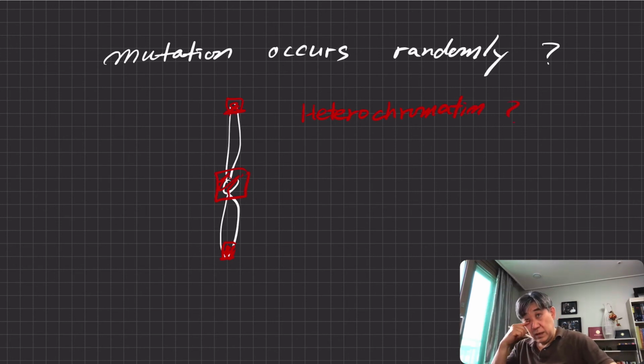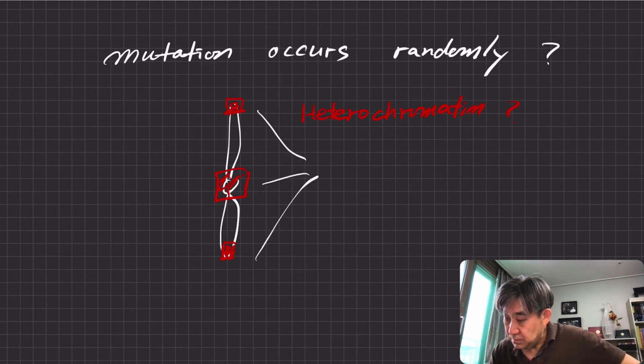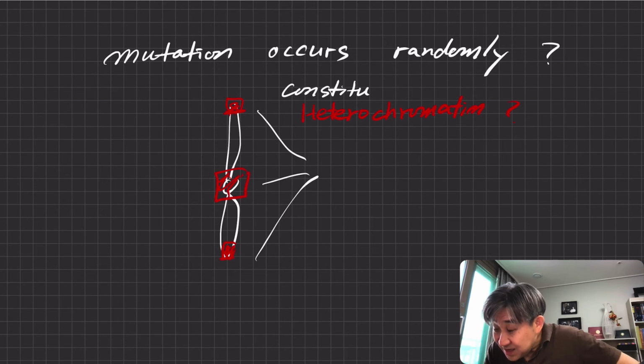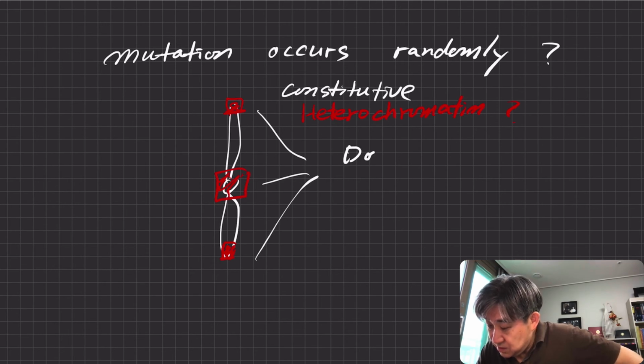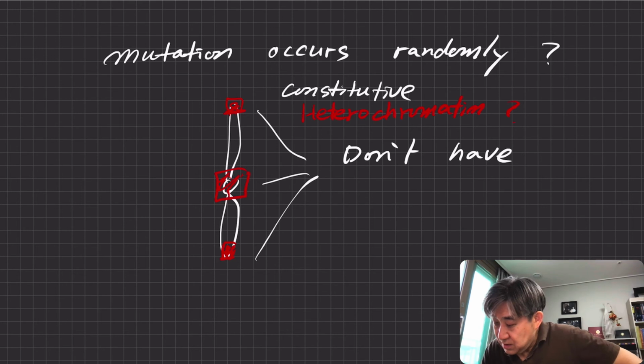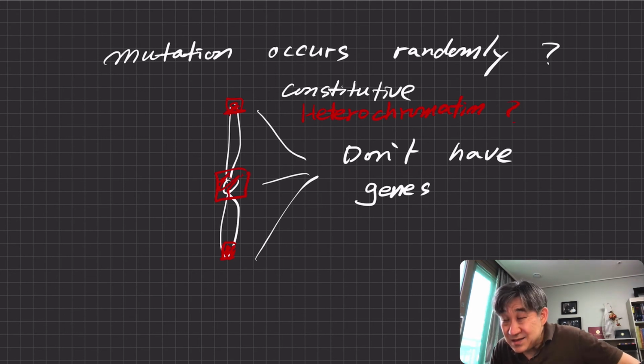The answer is that these so-called constitutive heterochromatin areas don't have genes. They don't have any genes?